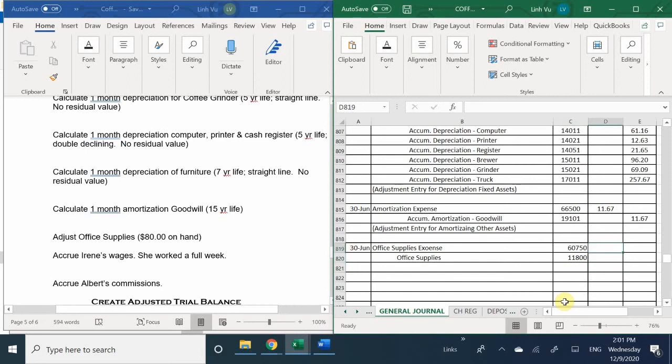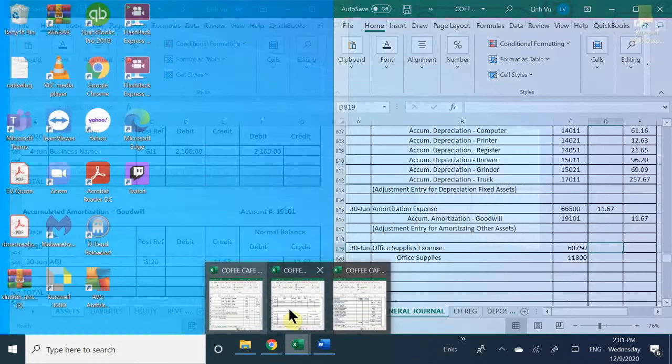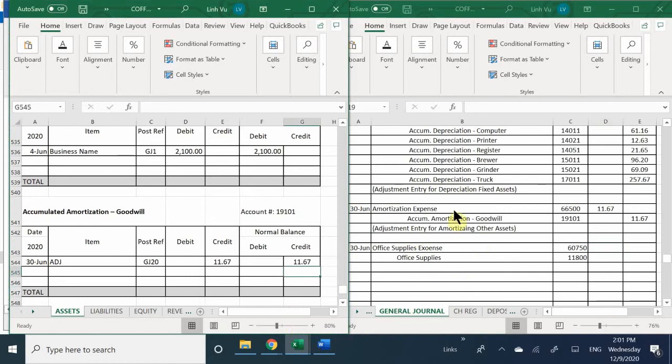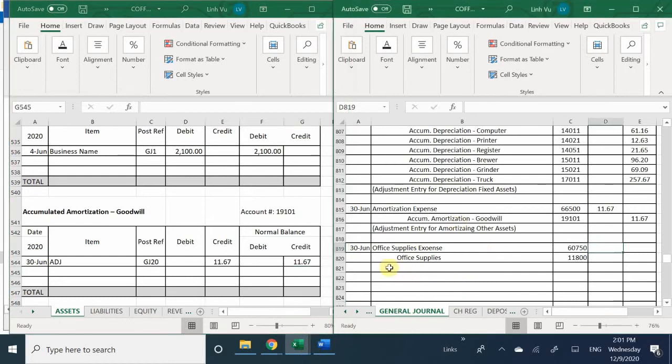Okay, so if we have 80 on hand, what does that mean? Well, it would be like the inventory on hand. Did I close that way?